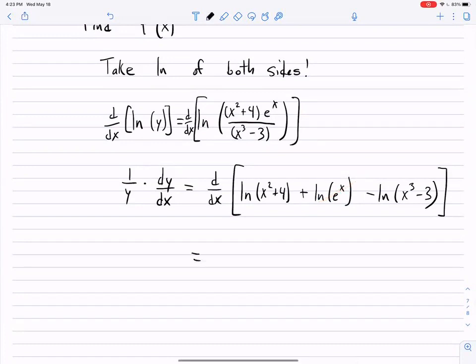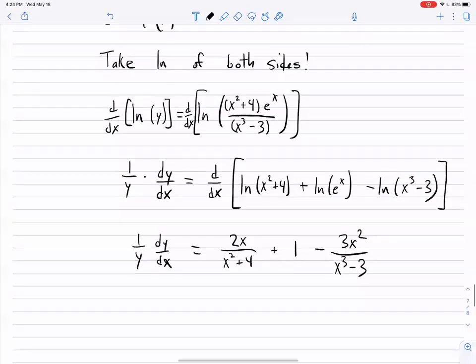And so what does this become? This becomes 2x over x squared plus 4 plus 1 minus the derivative of the inside function, which is 3x squared, over the inside function, x cubed minus 3. And so 1 over y dy dx equals that.